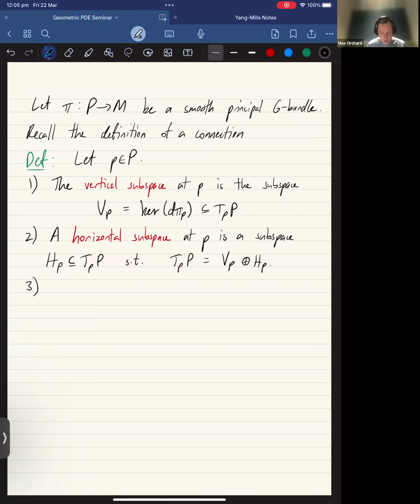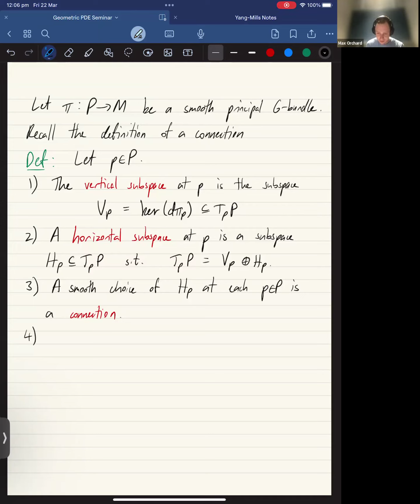Now, if we make a smooth choice of horizontal subspace H_P at every point, this is what we call a connection. I think we said Ehresmann connection, but I'm just going to drop the word Ehresmann for now. Just going to say connection.